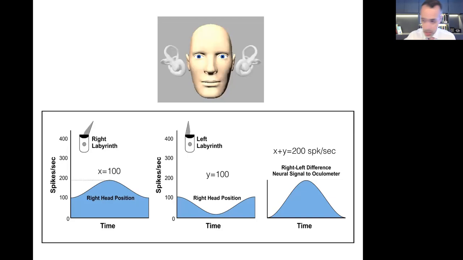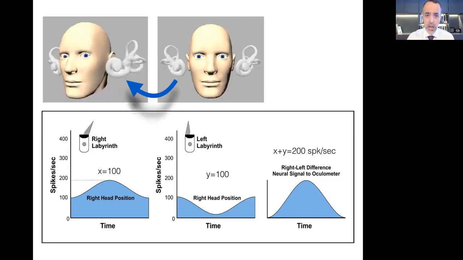It's a normal patient, no vestibular deficits, and the patient moves the head to the right. If I move my head to the right, I get some stimulus in the right side semicircular canal. I know that even when we are relaxed, our labyrinth has some neuroactivity, and this neuroactivity is about 100 spikes per second.